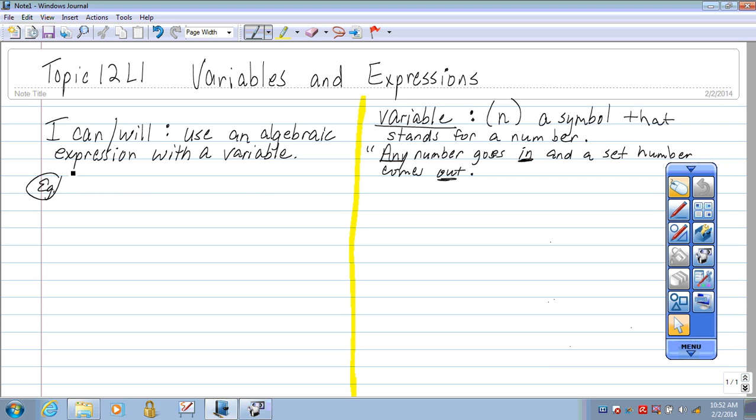Let's say Johnny spends 15 minutes every day cleaning his birdcage. So let's write this down. Johnny spends 15 minutes each day cleaning his birdcage.